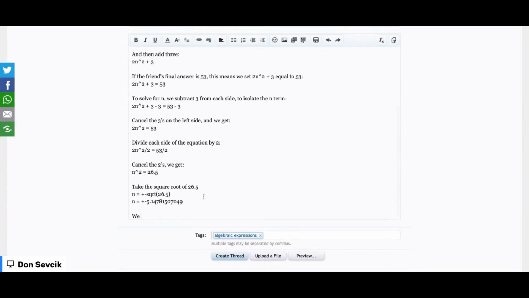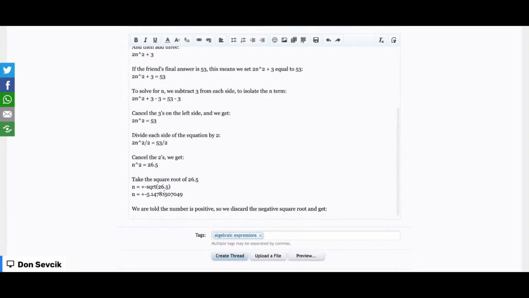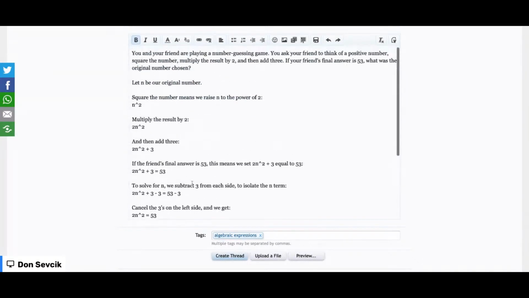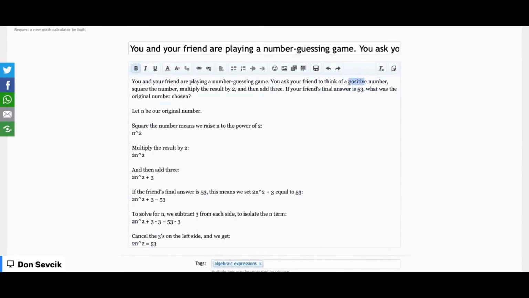Now, we are told the number is positive, so we discard the negative square root and get just the positive number. We don't even need the sign. We go back up here, positive number, so we knew we could throw away the negative square root.